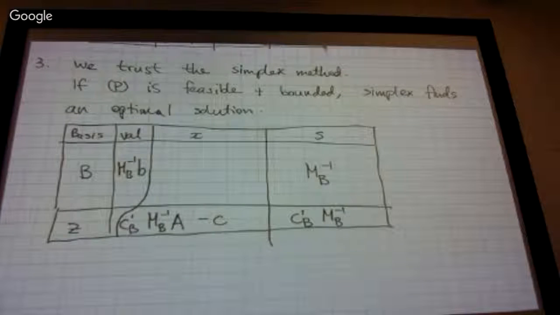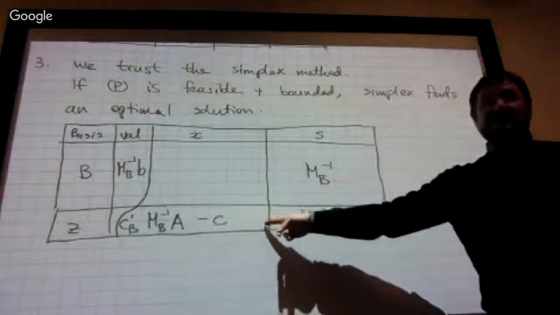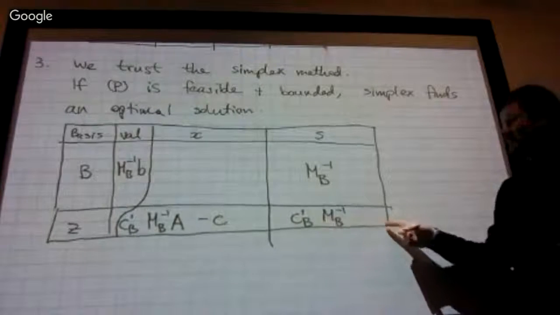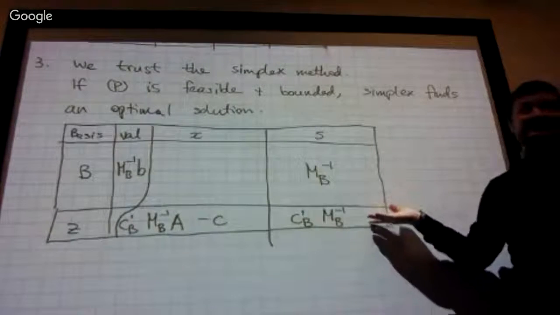So this was the optimal solution. Now, how do we know that this tableau is optimal when we see it? When we see a tableau, what defines optimality? Which row do we look in? Yeah, the Z row. Exactly. So we know that there are no more negative numbers here, because that's what we're maximizing, so we don't want any negative numbers.